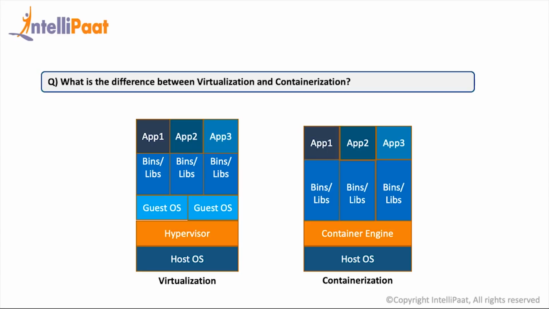They have the bare minimum libraries required for the container to behave as a particular operating system, but the container itself does not contain any operating system. It is based on the same kernel on which the host operating system resides. All right, and this is the main difference between virtualization and containerization.